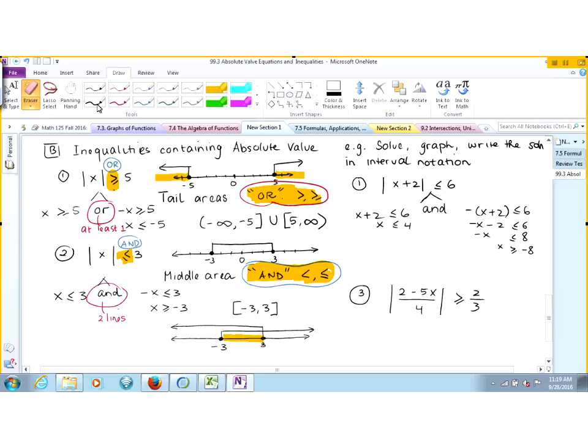And do we expect a middle area or a tail area here? Middle, yes. So now we have -8 closed, and it's greater than or equal to. So it's this one. 4, closed or open? Closed, and the arrow points to the left.